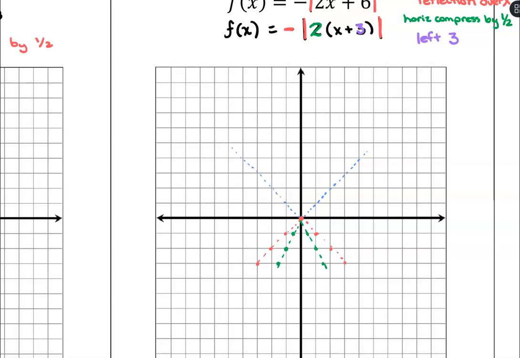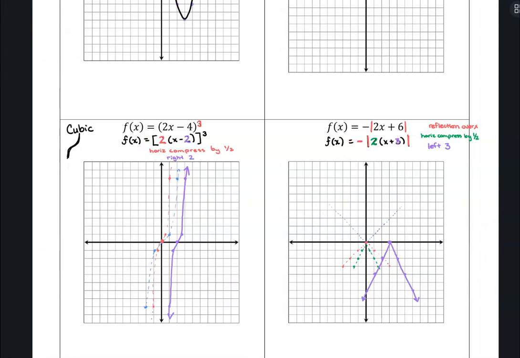And then let's go ahead and move left 3 units. So let's go 1, 2, 3. And then we're following a slope of 2. And there's where we end up after all of those transformations.